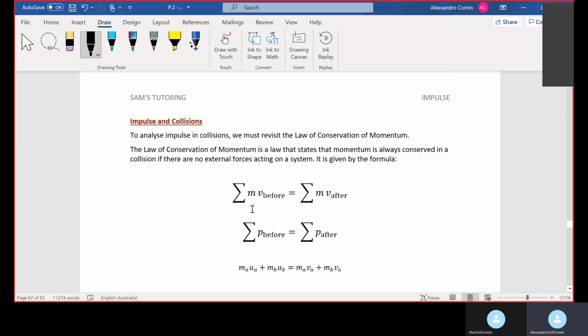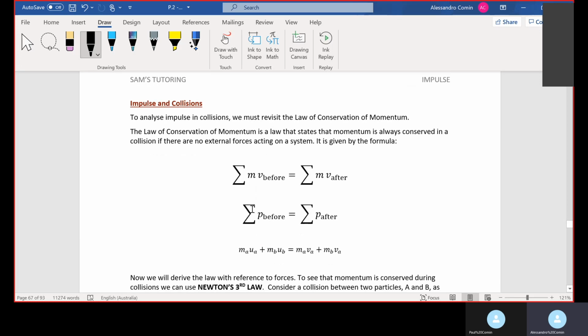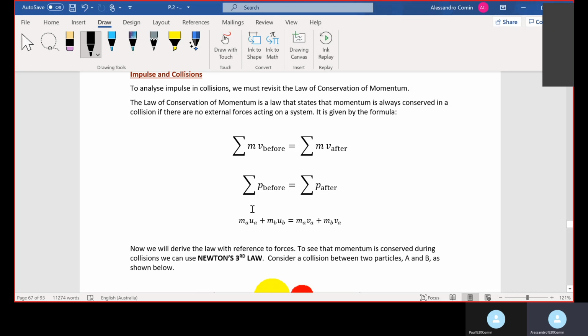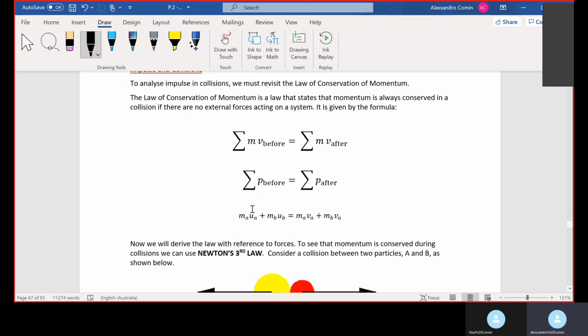All right, last thing, so impulse and collisions. We're going to be talking about impulse and collisions through Newton's third law. And what does it actually hold?